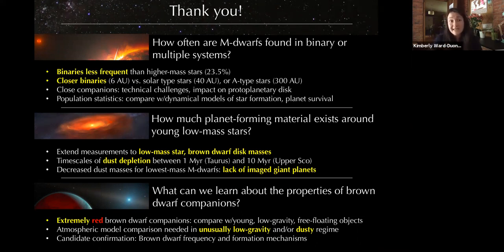Usually we can get to an effective temperature within a couple hundred Kelvin. We can try to estimate the radius of the object from this method. Metallicity is a little bit harder, just because there's not a lot of extremely distinct features, but we do get some handle on the different physical characteristics. And ideally it will only get better as we're able to do the same kind of AO with higher spectral resolution in the future.